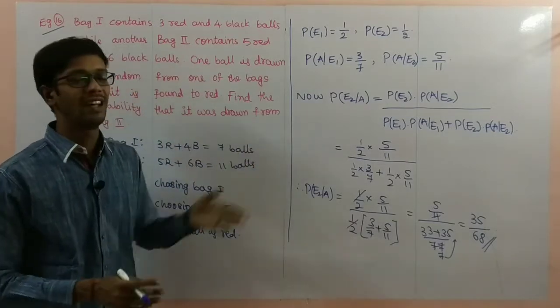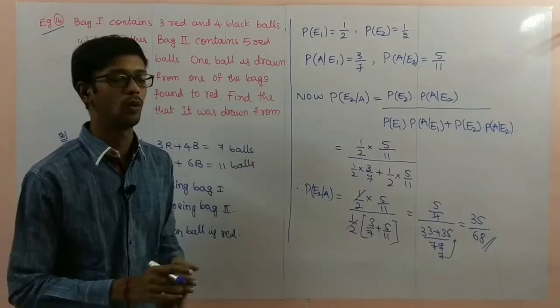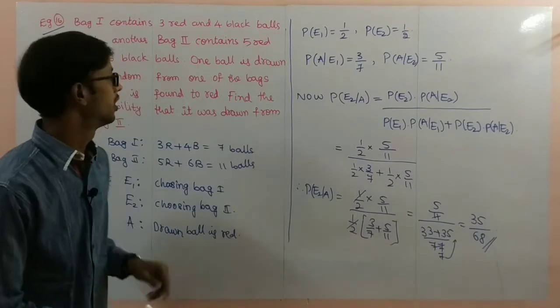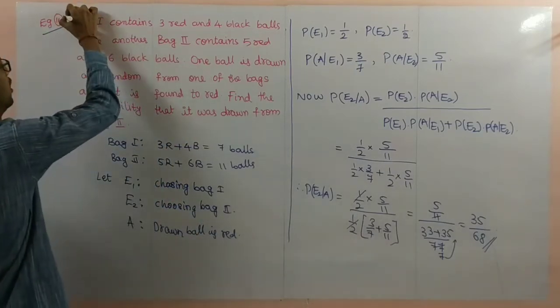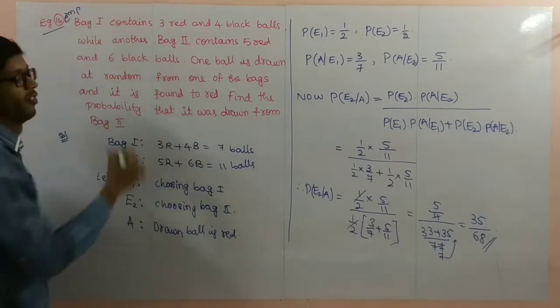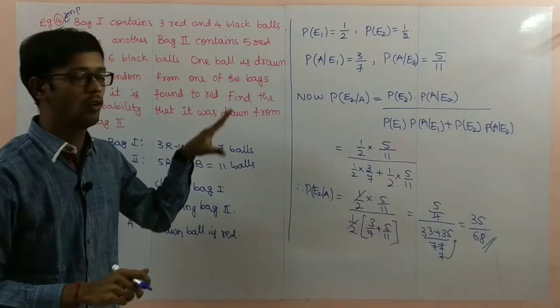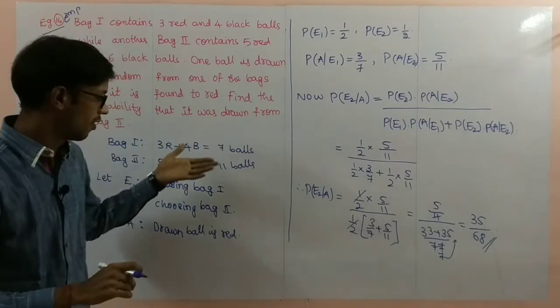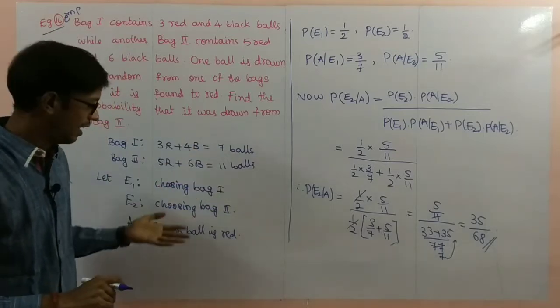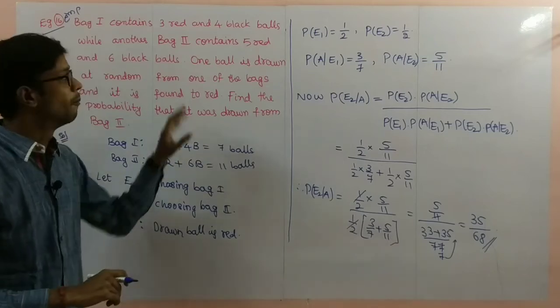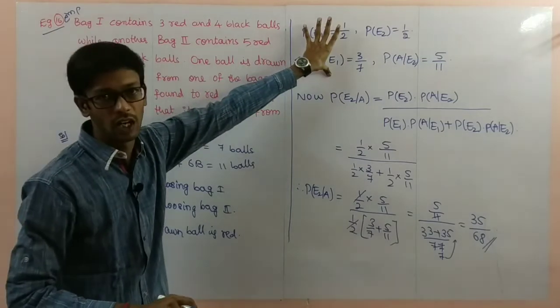By using the Bayes theorem, this is the way we have to solve such problems. This is one of the important problems; for 3 marks questions they ask this type of problem. First of all, read the question carefully. Write what they have given and take the events. By the given things only, we have to write the probabilities.